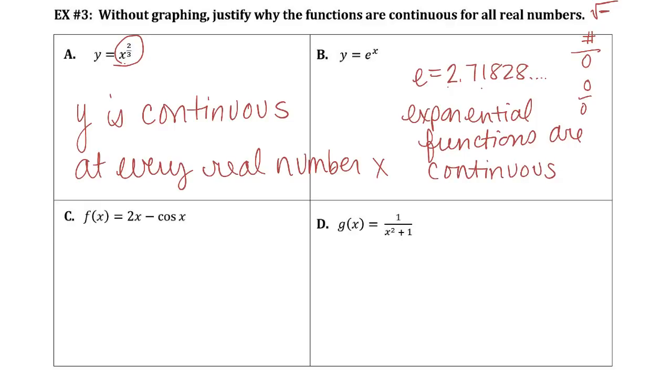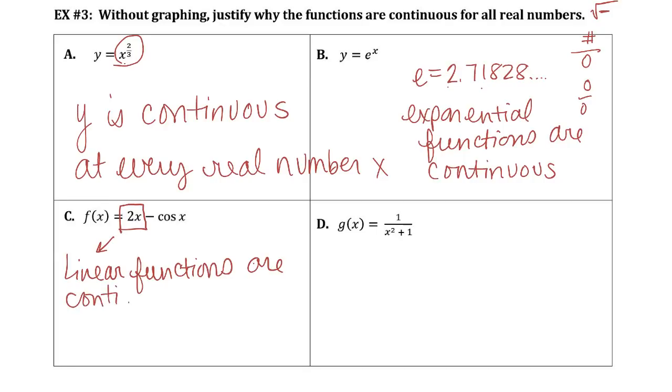And so part C, we've got 2 separate things to think of. Now here, looking at the 2x, that is a linear function, and linear functions are continuous everywhere. So that's for us to remember. And then cosine.